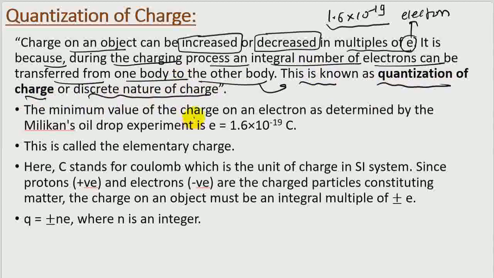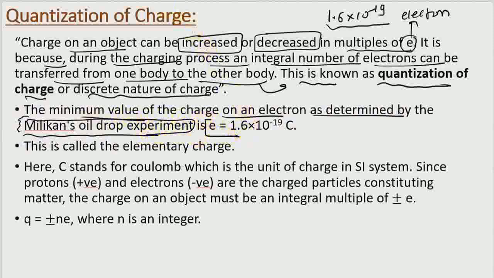Next, the minimum value of charge on an electron was determined by the Millikan oil drop experiment. You studied in the second volume, sixth lesson, how the magnitude of charge of the electron, 1.6 into 10 power minus 19 coulomb, can be determined using the Millikan oil drop experiment. This is a very small value, negligible in one or two cases.